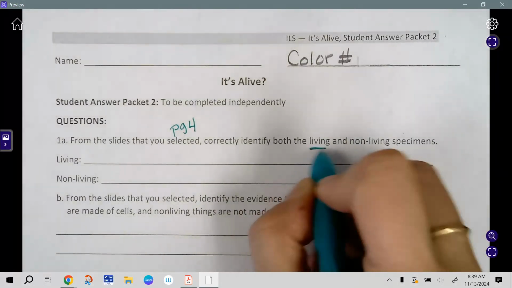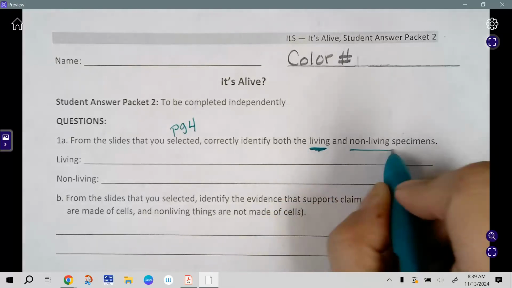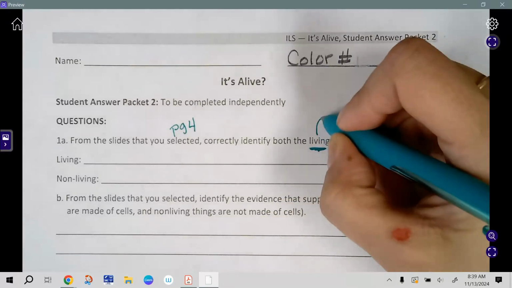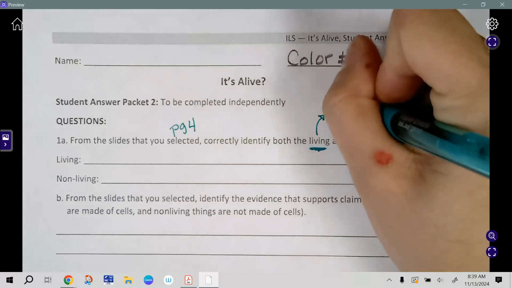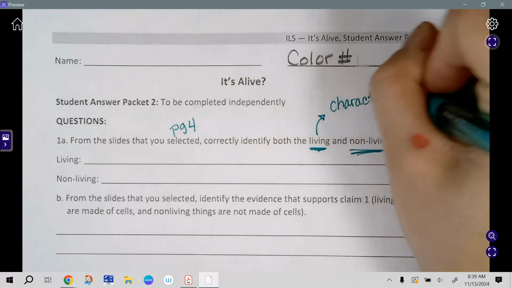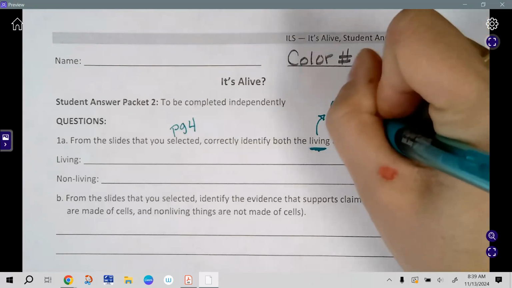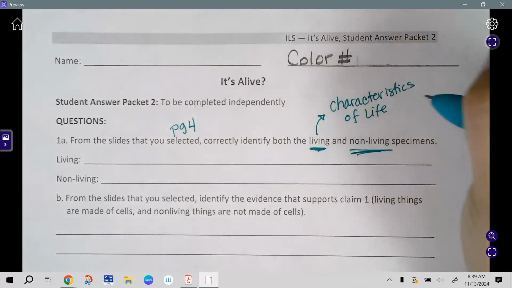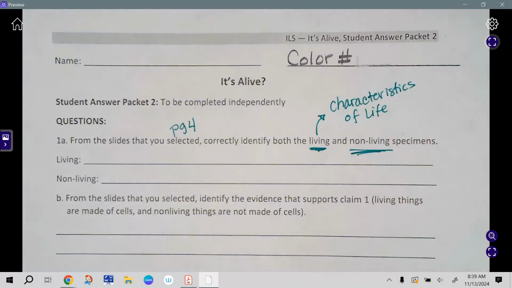So living and non-living. In order to be living, remember they have to have all of those characteristics of life. And that big, big one, think about what it has to be made of, what you need to be able to see.